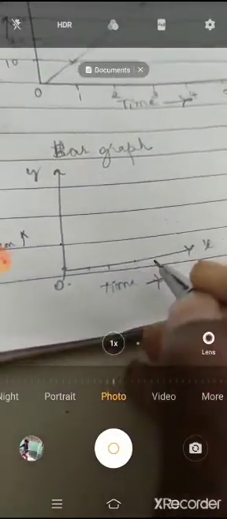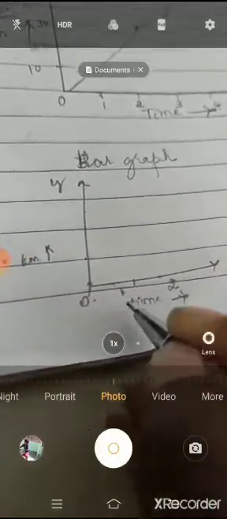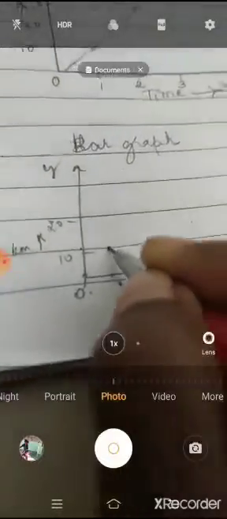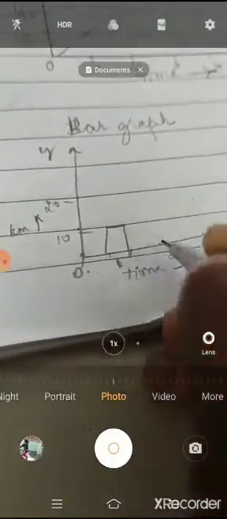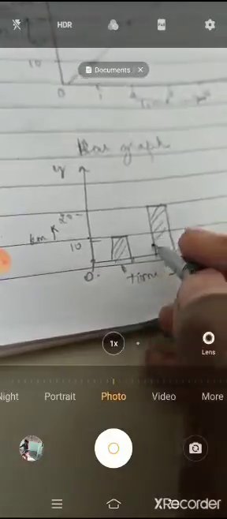For the bar graph, we have 2 points to represent it. If we take this as first hour and this as second hour, this is 10 and this is 20 kilometers. The vehicle has travelled 10 kilometers in the first hour and 20 kilometers in the second hour. This is how we need to represent it in a bar graph.